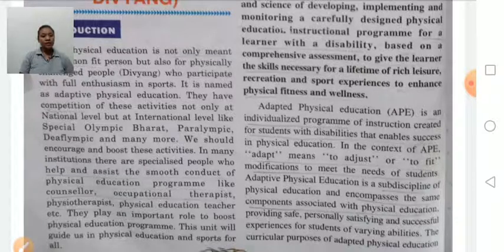This adaptive physical education is a sub-discipline of physical education and contains the same components associated with physical education. Whatever components physical education contains, adaptive physical education also contains the same components for the development of the disabled person.